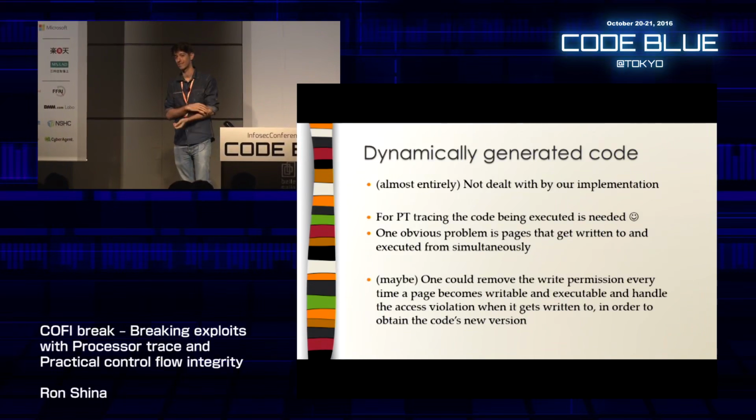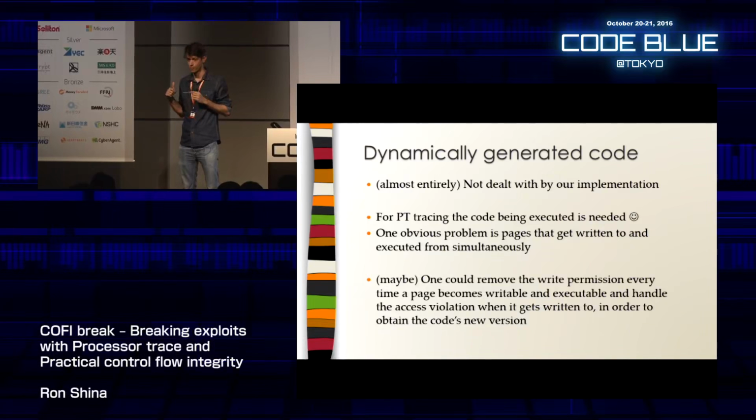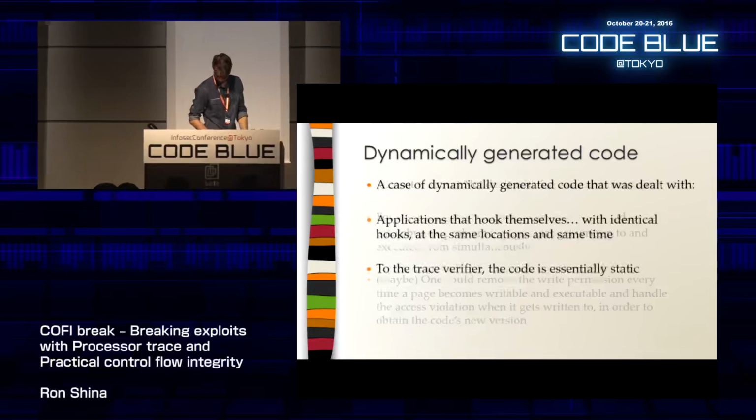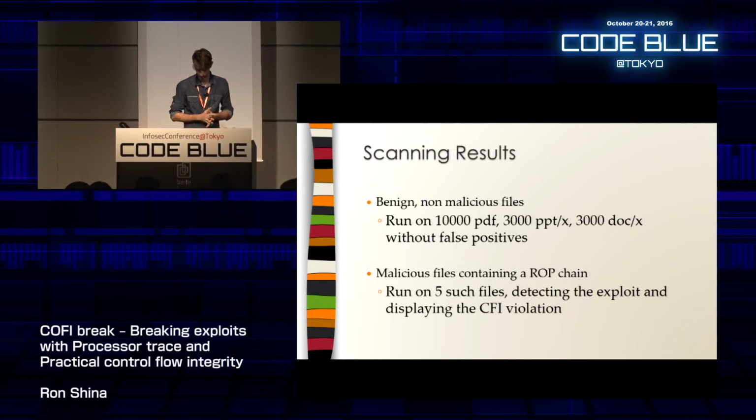So one of the ways that you could do that, which we didn't, is to remove the write permission and then just deal with the access fault every time it gets written to, to have the current version of that page while you're tracing. But we didn't do that.